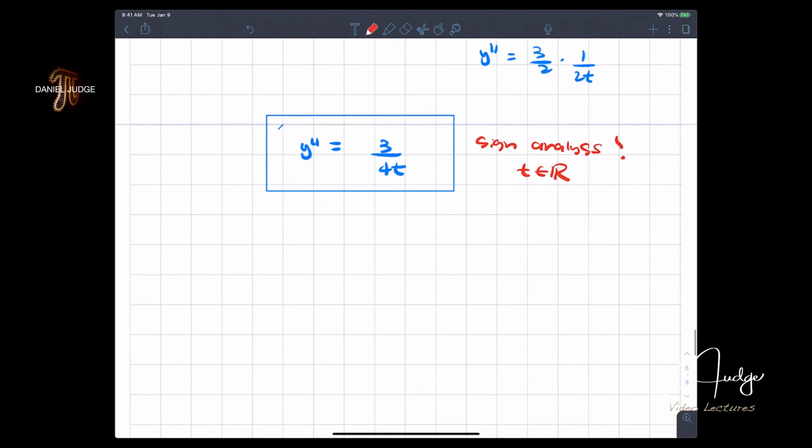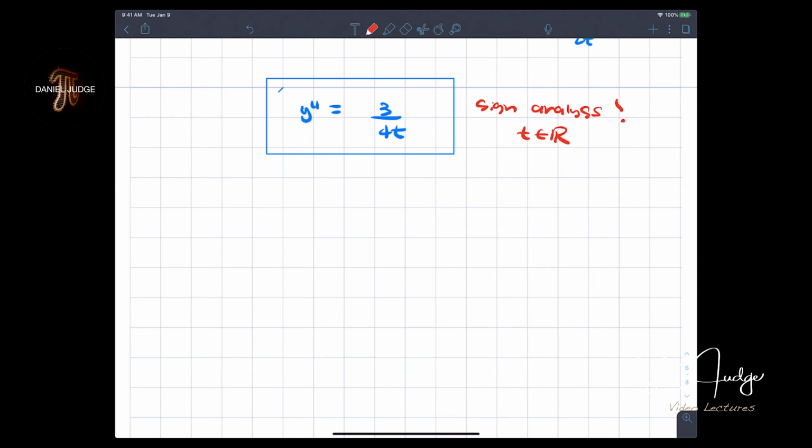Okay, now this is kind of a nice intermediate algebra kind of sign analysis question, right? The numerator is never 0. The denominator is, though. The denominator is 0 only when t is what? 0. So you have a problem here, ladies and gentlemen. Right, so let me change the color.